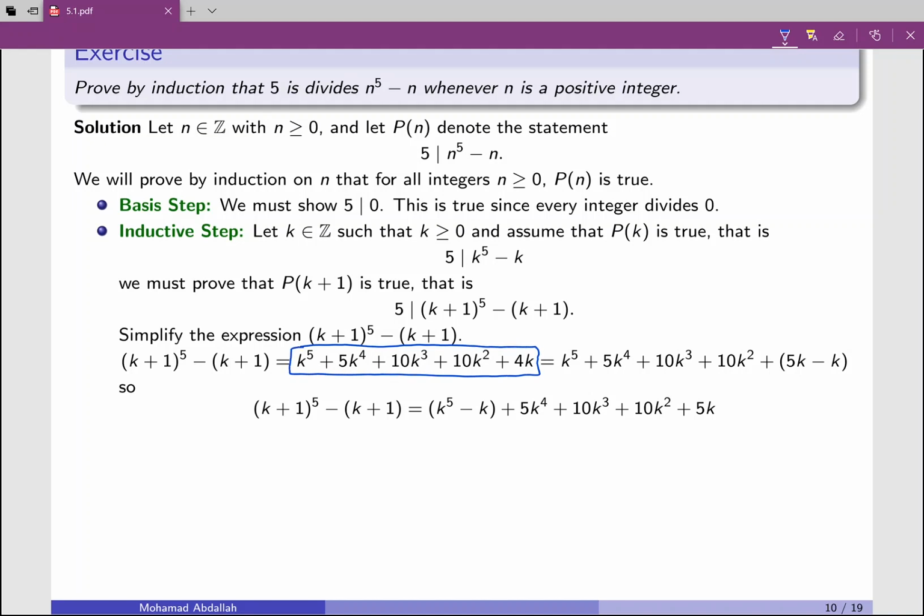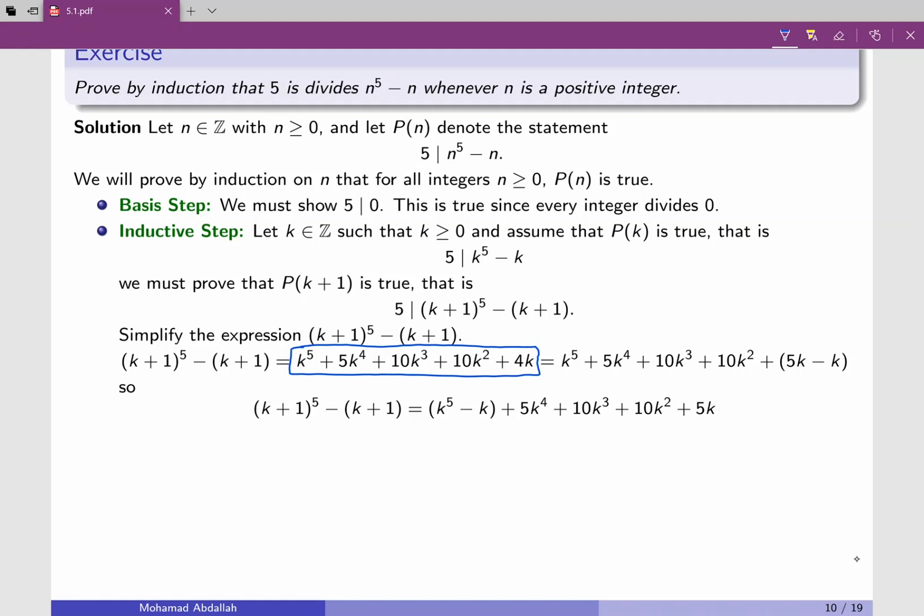This is just algebra: expand, collect like terms. I'm leaving this hard work for you to verify that this is correct. But remember that my goal is to show that this is equal to 5 times something. I don't see any 5 here that I can factor out.